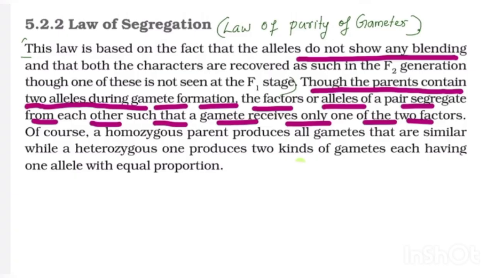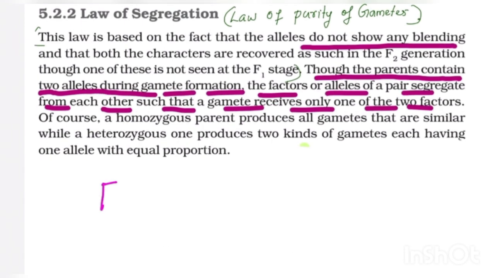Now the second law, the law of segregation, or law of purity of gametes. You know, in the monohybrid cross, parents were tall and dwarf. Then what was in F1, the first offspring? They were all tall. There was no dwarf in F1, but in F2 there is tall and dwarf.